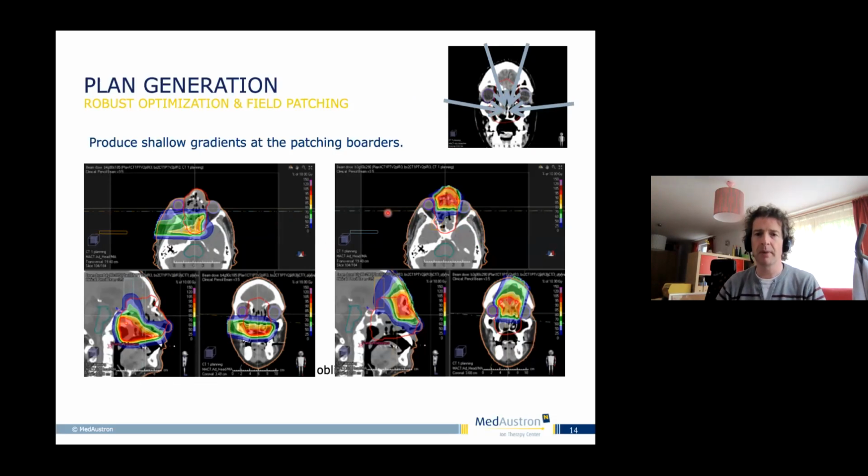And if you patch fields together, like you can see over here, so to patch a lateral field with a vertex field coming from this direction, you can optimize the plan to have shallow gradients, and you don't have that high impact of the nasal cavity filling status of the patient on that day. So it minimizes this influence.